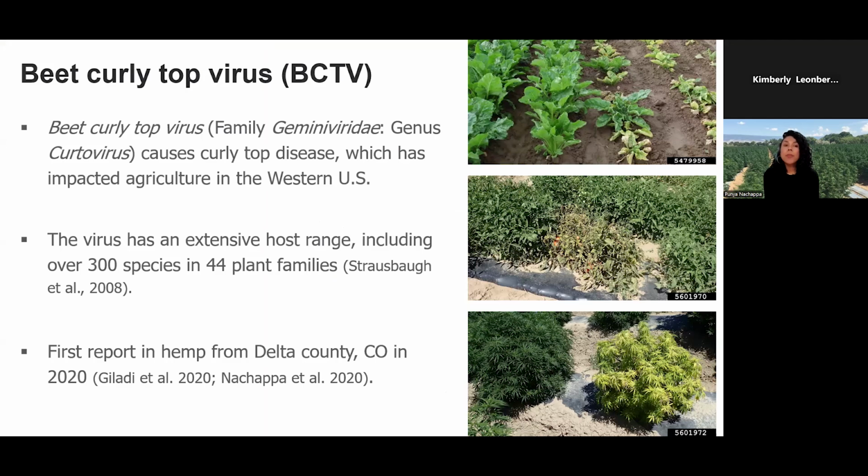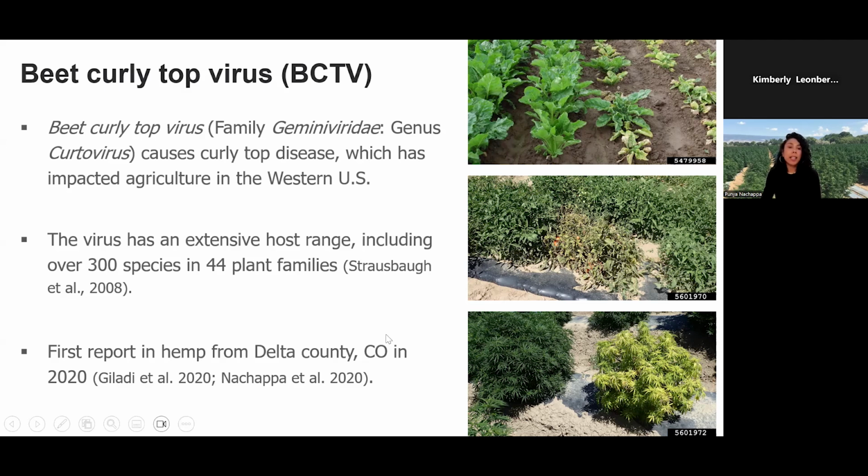Beet curly-top virus belongs to a group of small DNA viruses in the family Geminiviridae in the genus Curtovirus. This virus causes curly-top disease, which has impacted agriculture in the Western United States since the early 1900s. The main crop that it impacts here is sugar beets, as you can see on the right panel, the infected plants compared to the healthy plants.